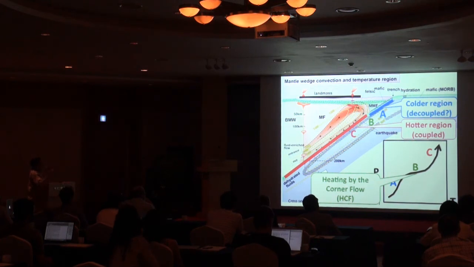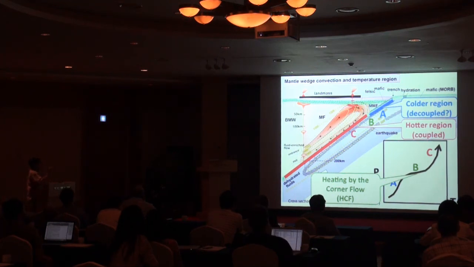The C part is a hotter region, interpreted by Syracuse and other researchers to mean that the subducting slab and the mantle wedge material are coupled. So here, the drag flow of the mantle wedge material starts.